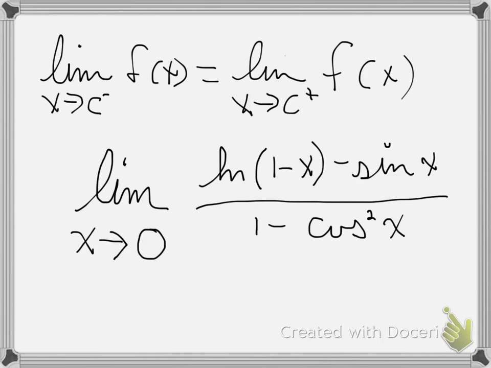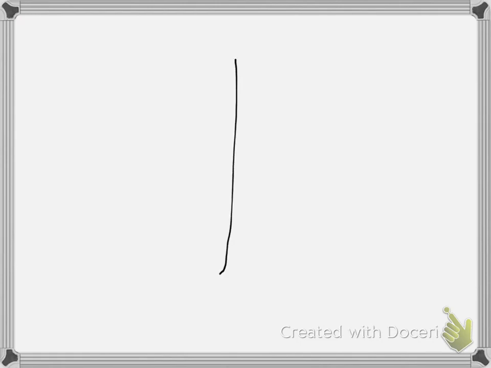But now, using methods we have, if we graphed this puppy, what we would see is that as x approaches 0, if we're coming from the negative side, it goes off towards positive infinity.